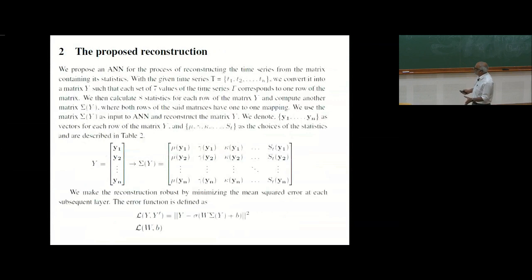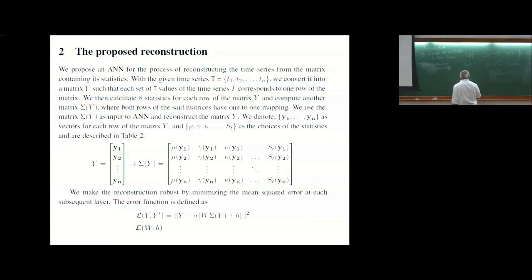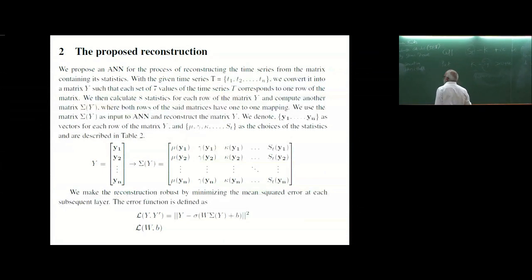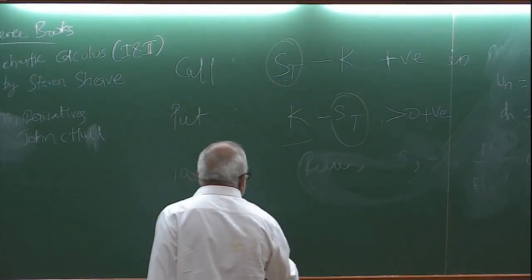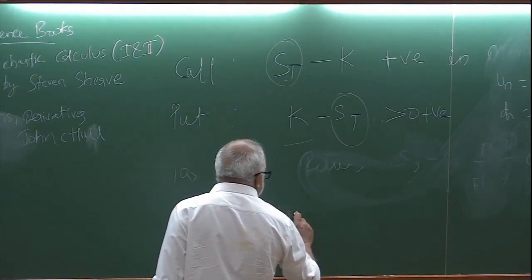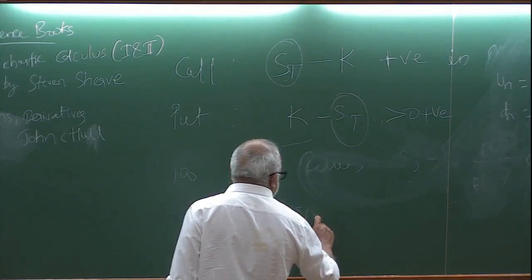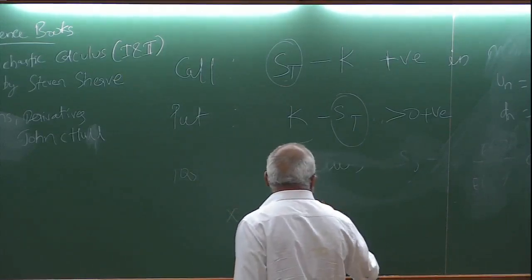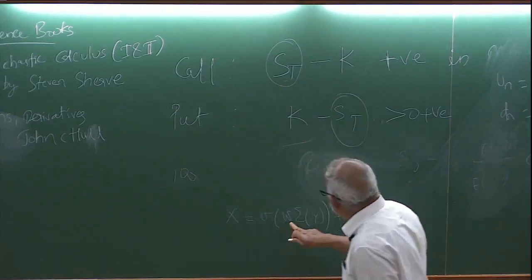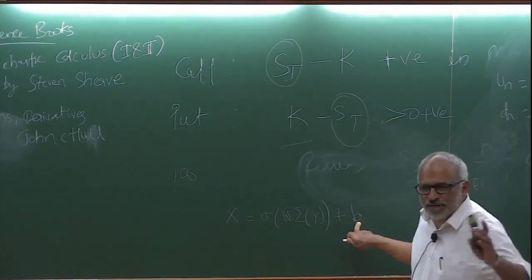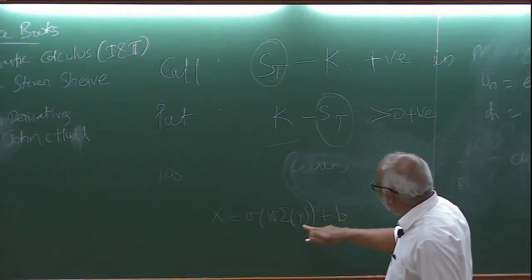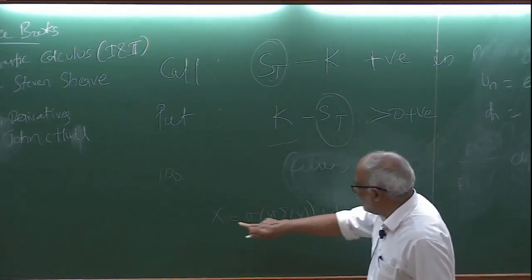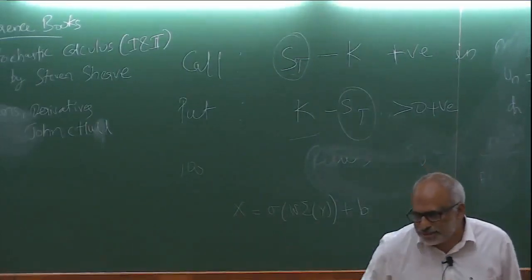You take an existing time series, find w and b, and then for a new set of y, you calculate x equal to sigma of w times capital sigma of y, plus b. Find w and b from the past data using this technique, then you get a new set of y's, plug it in, and get the new x. That's the only thing.